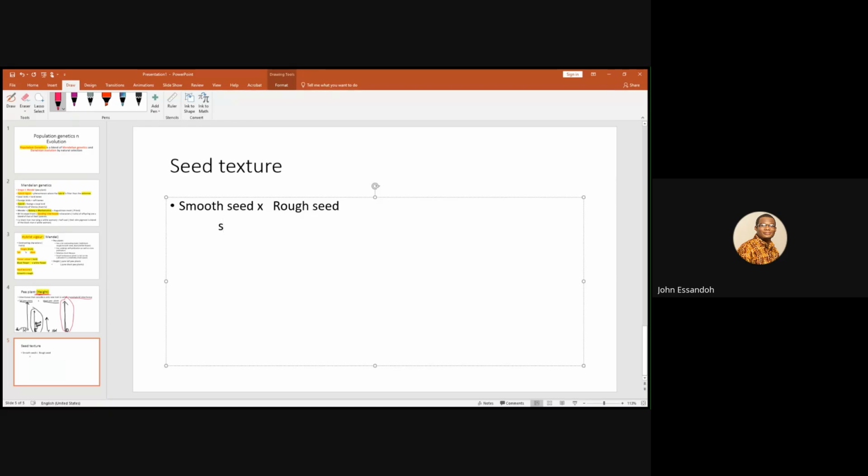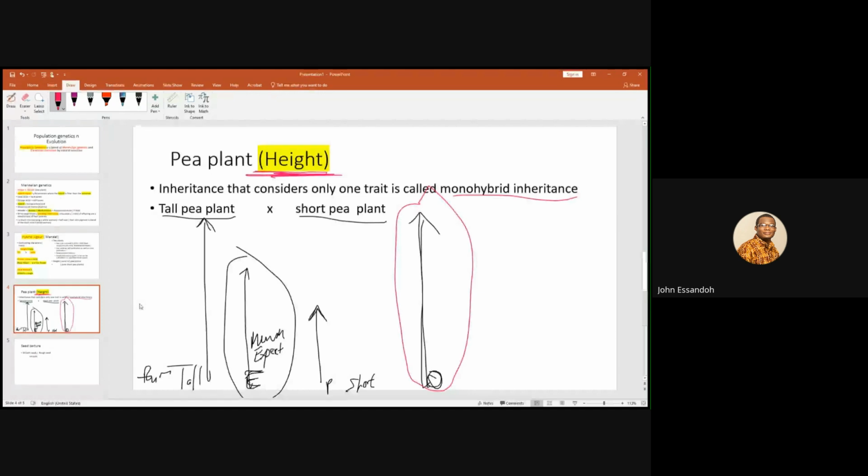Smooth. Just like here, how come that tall pea plant crossing with short pea plant, and the children came out all to be tall? So from the first experiment, Mendel has dealt a big blow to the blended inheritance.